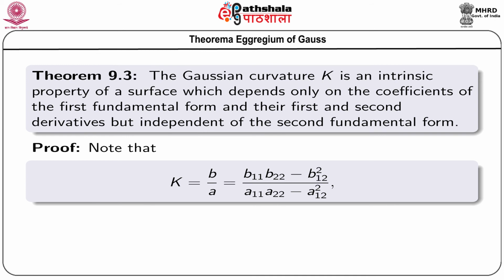We have obtained this relation earlier from the Gauss equation in the previous chapter. Now, B is the determinant of B alpha beta and A is the determinant of A alpha beta. Obviously, A should not be equal to 0.